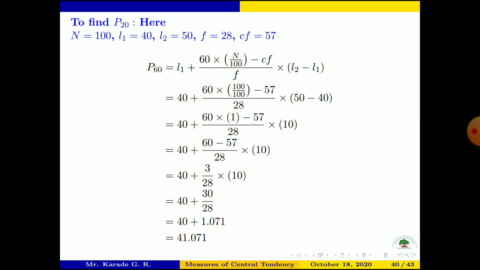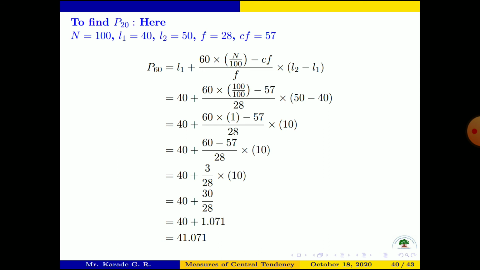So finally we have 41.071. So our percentile P60 is nothing but 41.071 marks. We can also take the round figure, it is 41.